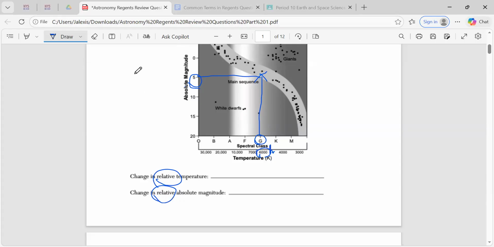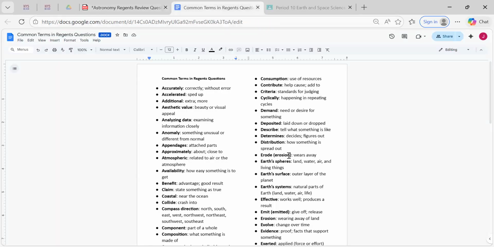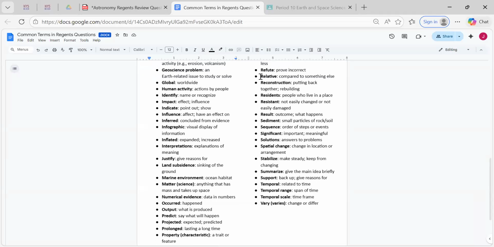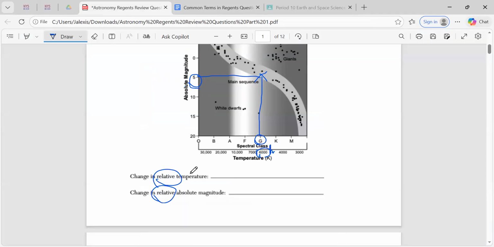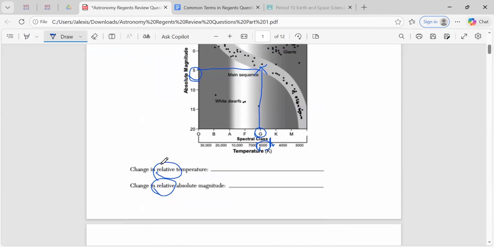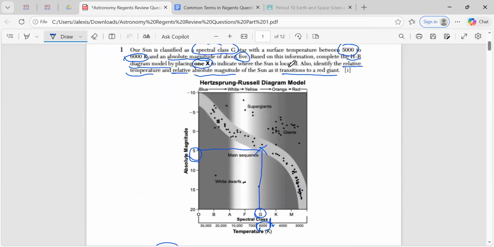When I look at my Regents common terms, relative lets me know it is comparing to something else. So anytime you have a question that says describe the relative this or relative that, we're comparing it to something else, not a numerical value, just letting me know: is it higher? Is it lower?